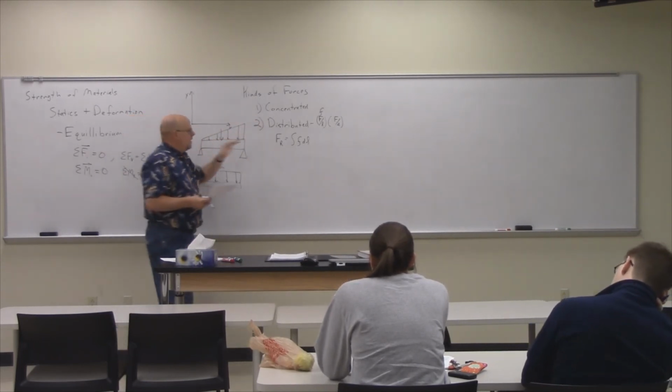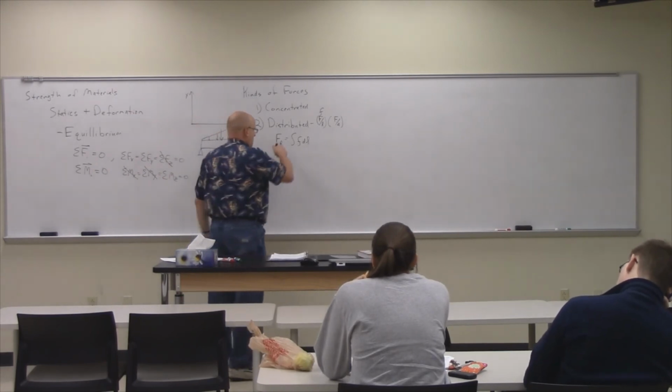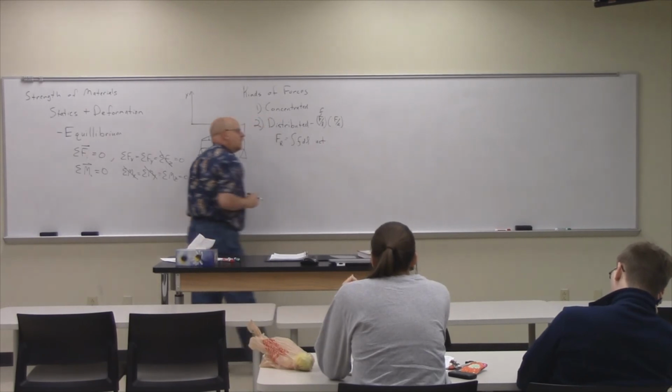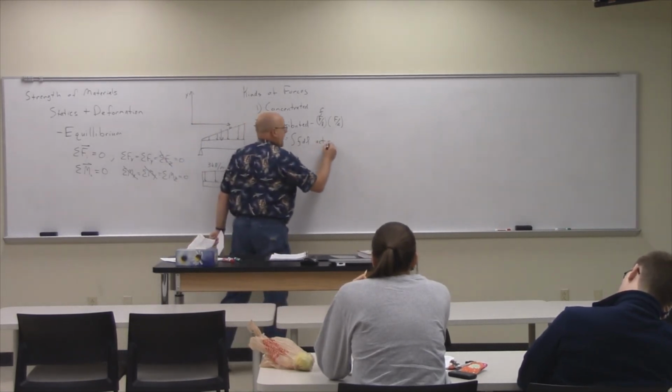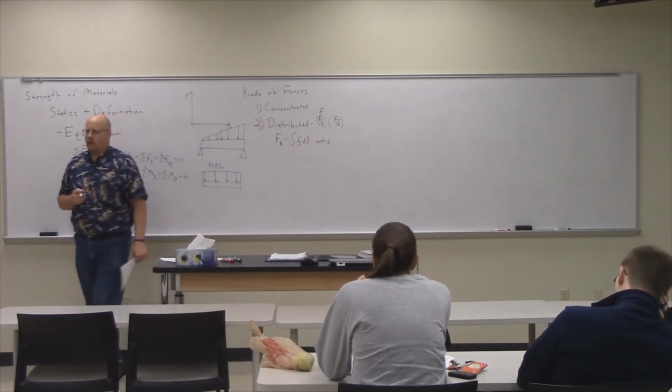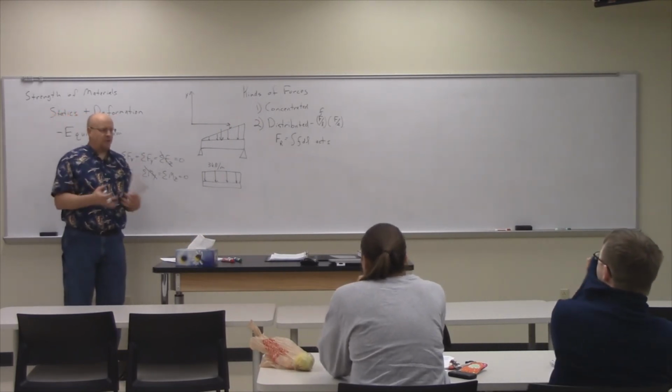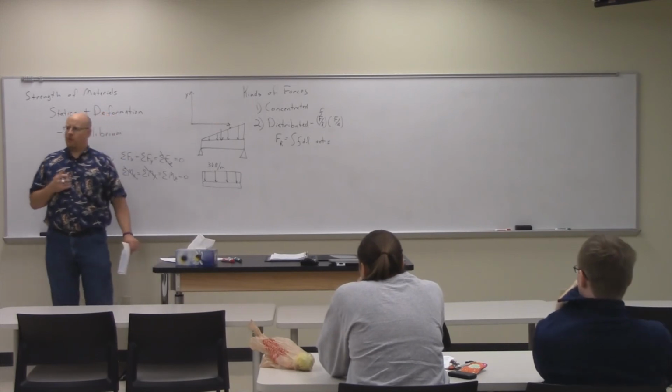Okay. So we get the resultant force, and then where does that act? If we take this distributed force and turn it into a concentrated force, a resultant force, where do we apply that resultant force?